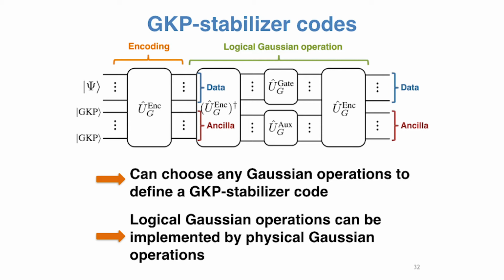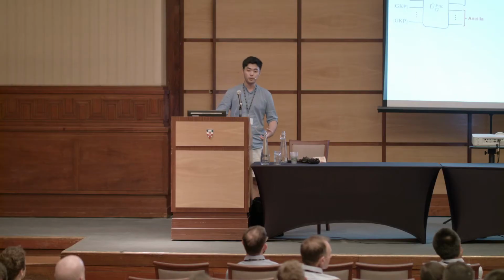So those are the small example that works really nicely, and moving further on to how we can potentially generalize this. Basically, we can use any Gaussian operation to entangle the data qubit with the GKP states, and this basically lays out the entire general formalism on how we can do useful bosonic error correction.